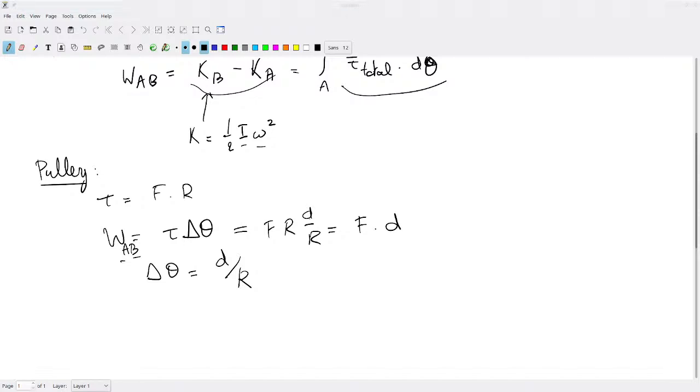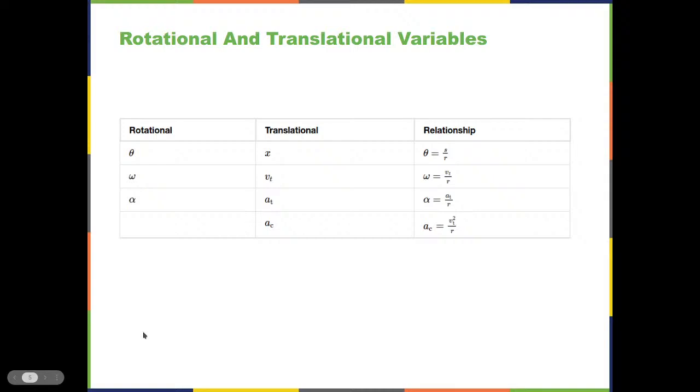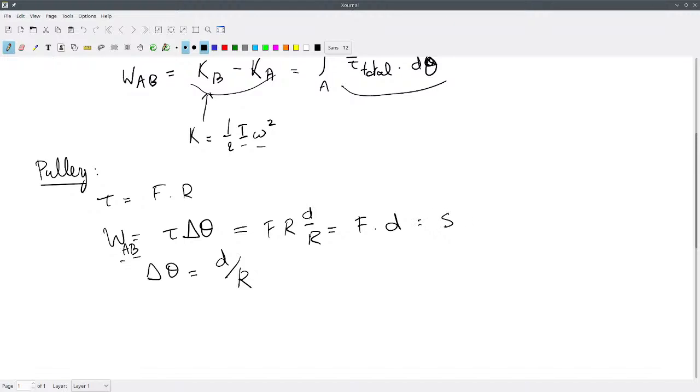And we can of course plug in the numbers. F is 50 newtons, and the distance is 1 meter, so 50 newtons times 1.0 meters. That's going to be a total work of 50 newton meters.